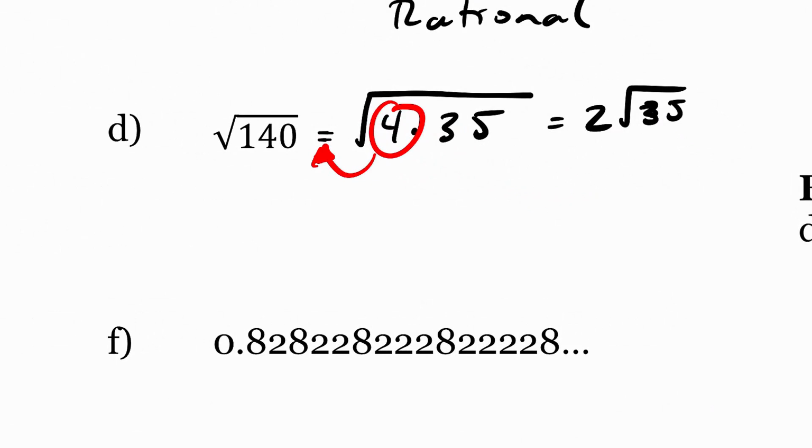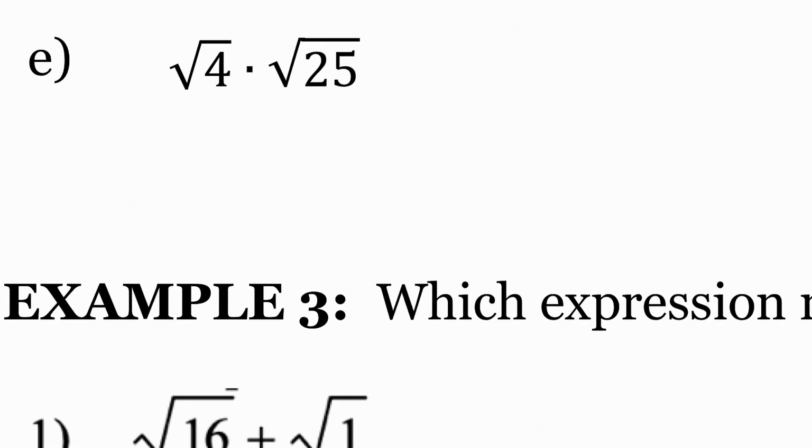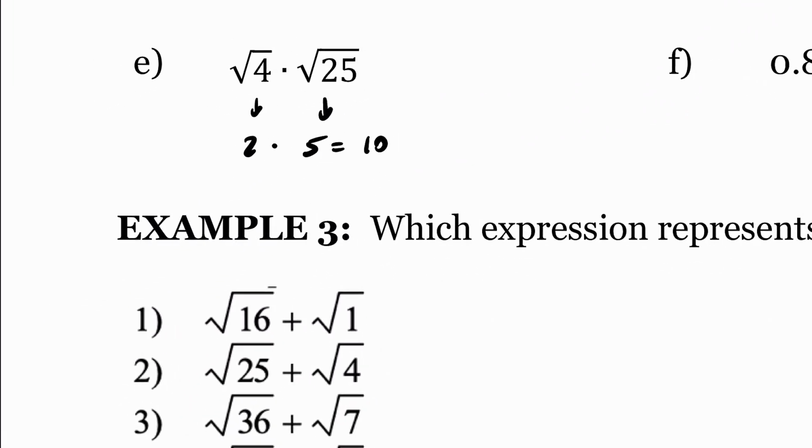So this one right here is going to be irrational. Okay, this one, well, the square root of 4 is 2. The square root of 25 is 5. That's just 10. The square root of 4 times the square root of 25 is just 10. And 10 is rational.